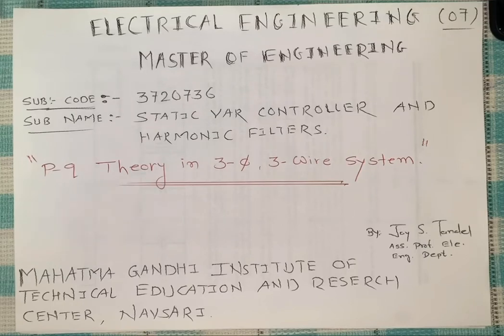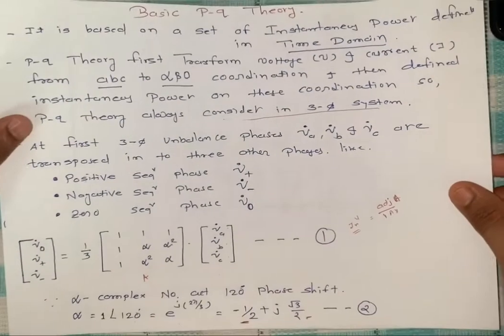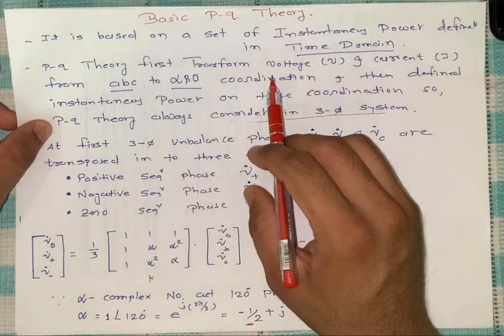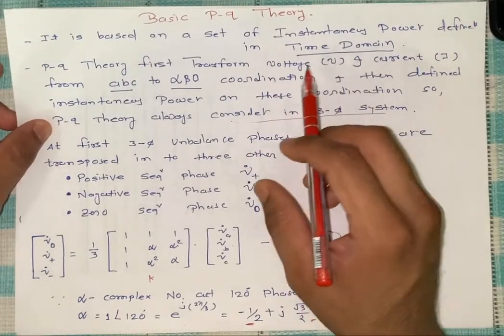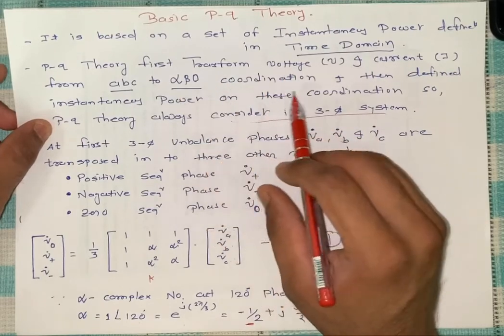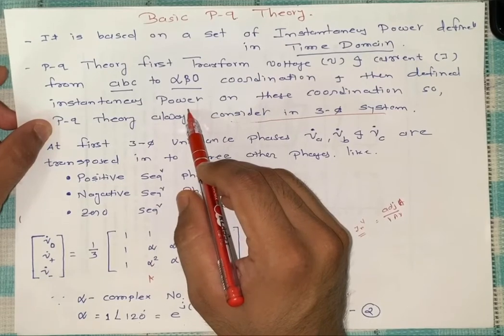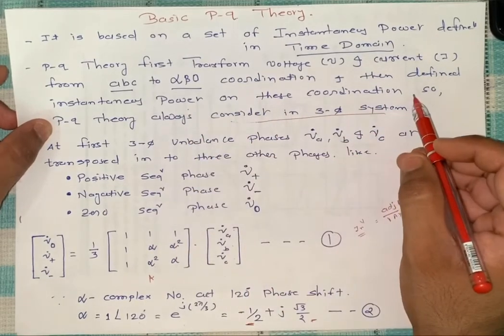In lecture 2, we discussed the basics of PQ theory. PQ theory is first the transformation of voltage and current from ABC to alpha-beta coordinates, and then defining the instantaneous power on these coordinates.